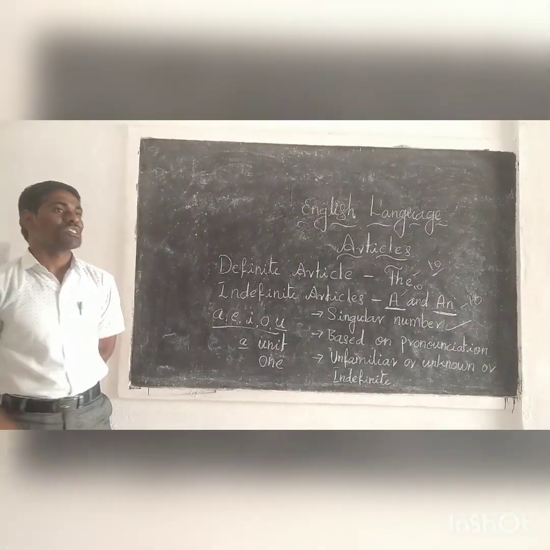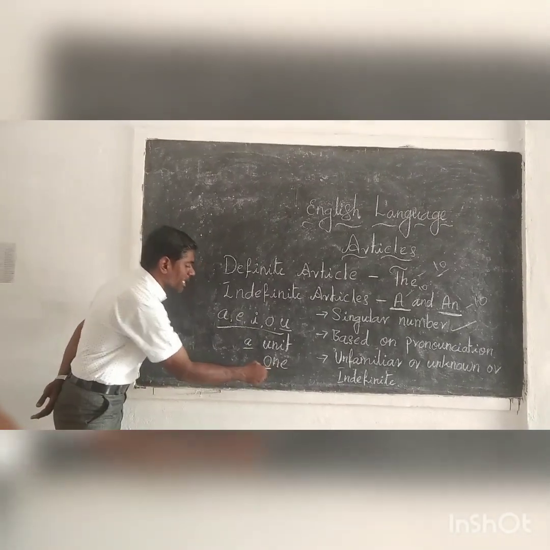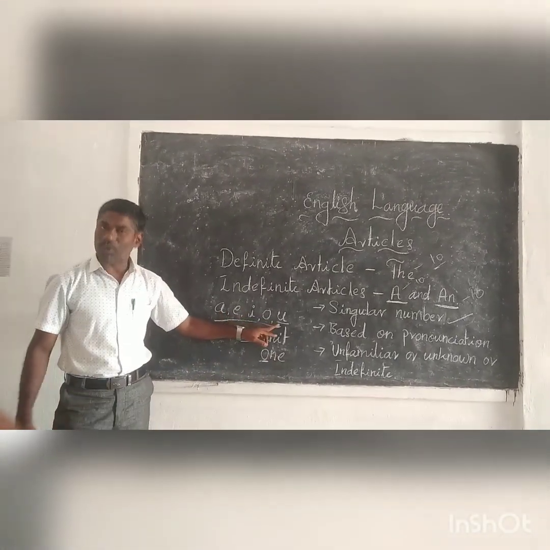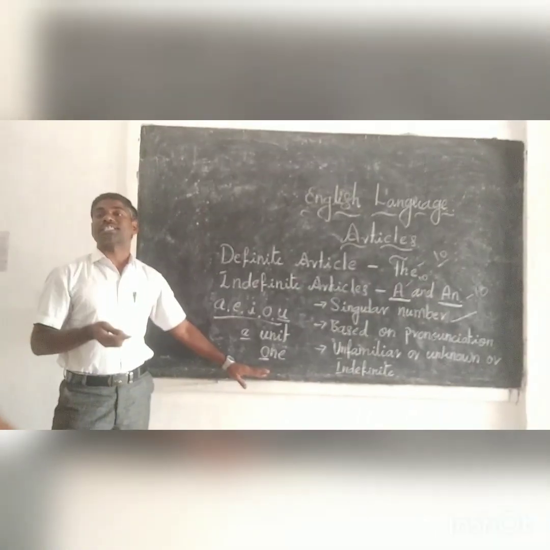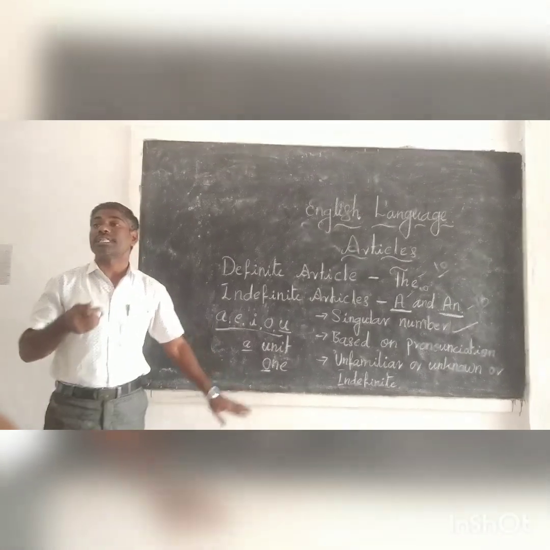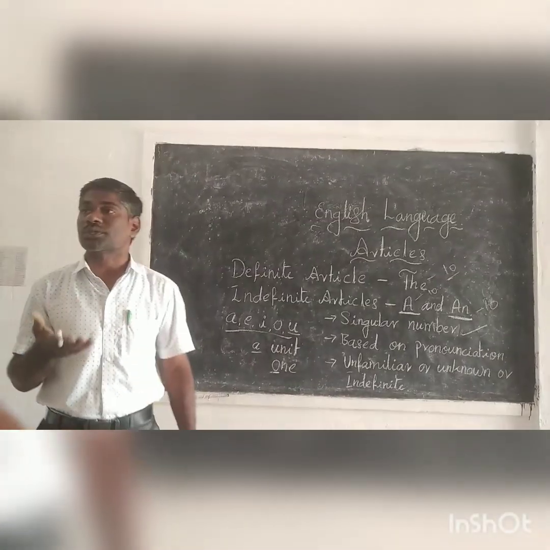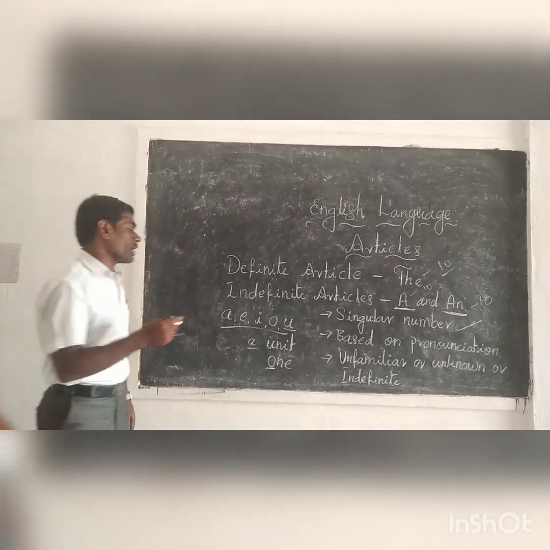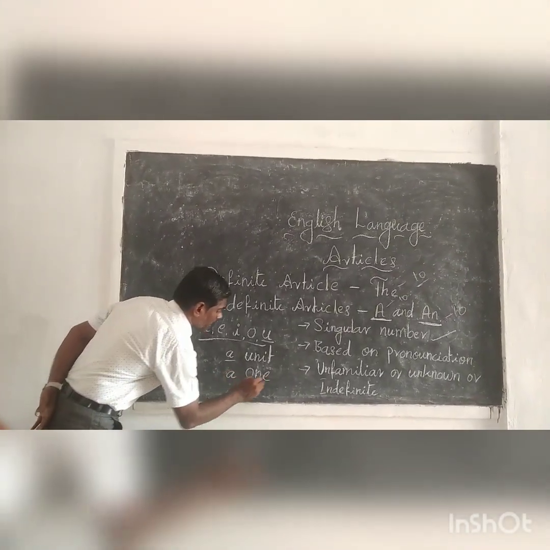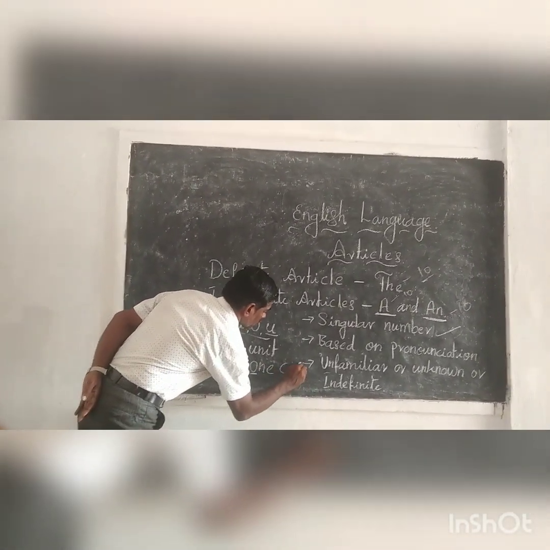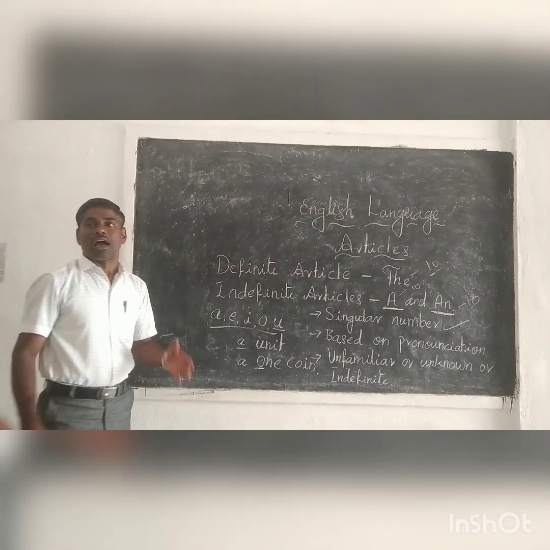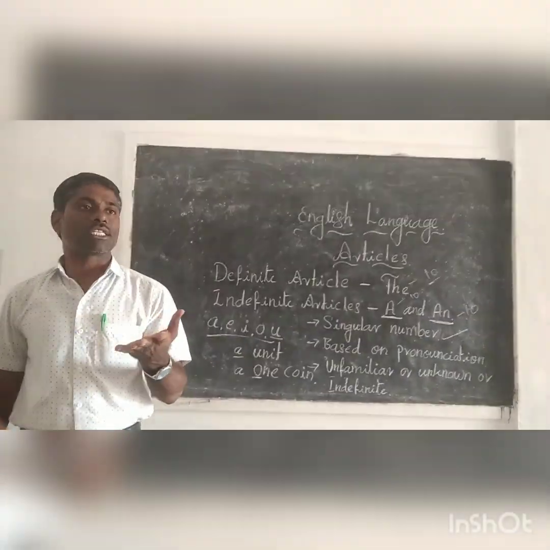So that's why O is one of the vowels, but in pronunciation we can pronounce that O as a consonant. That's why a 1 rupee coin. A 1 rupee coin. It is not saying an rupee coin, it's also right.